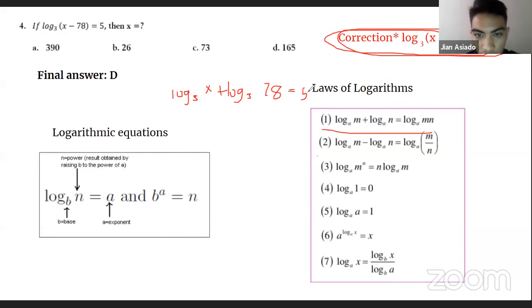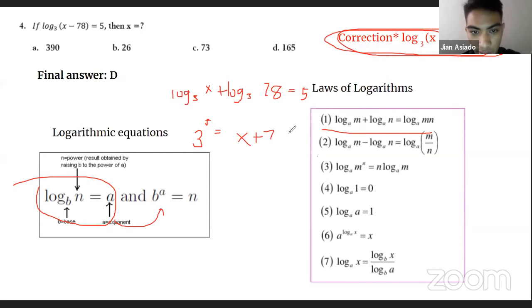Actually, you don't need to separate them, so we can just transform this directly. The base is 3, the exponent is 5, and that is equal to x plus 78.